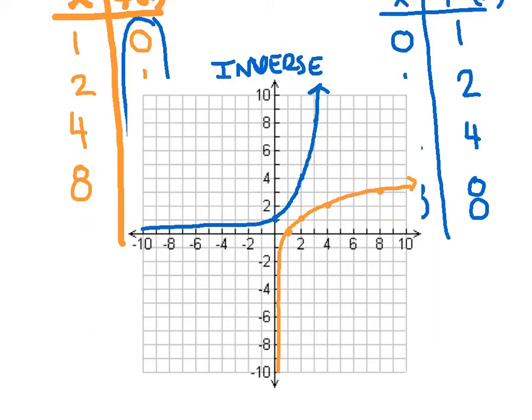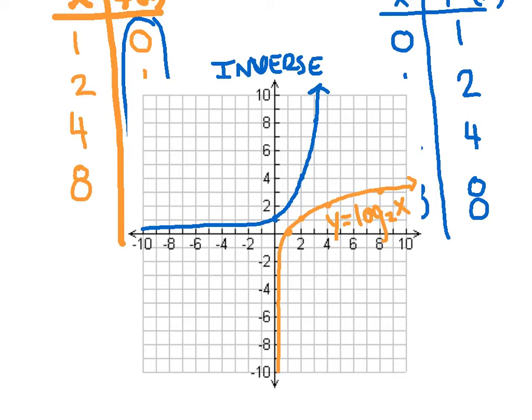Here's the picture that I got when I took a few moments to graph both. I started with the original, the orange one, which was y equals log base 2 of x. The one thing I did not put on that orange graph is the vertical asymptote that you'd see right on the y-axis. I avoided that to cut down on the clutter so that these graphs didn't get too obnoxious.